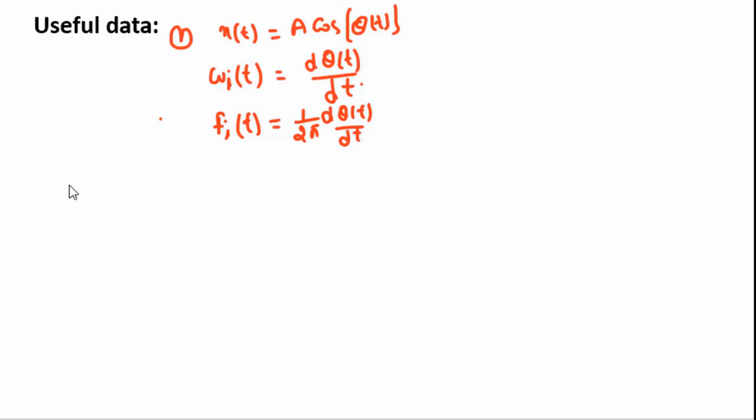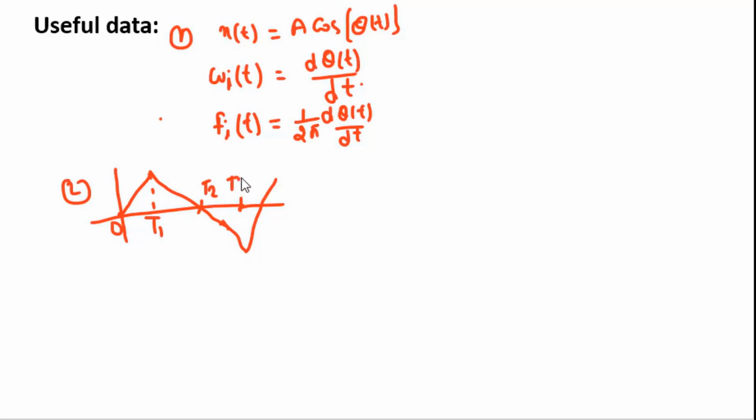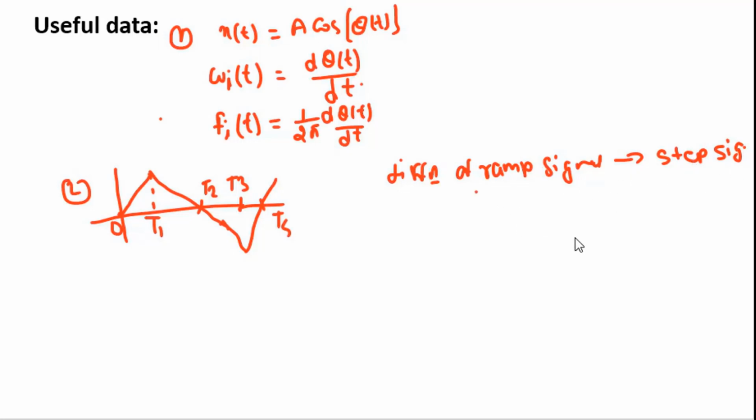And the second, you should know the differentiation of a ramp signal. Let's say you have this ramp signal, from 0, this one is t1, this one is t2, this one is t3, and this one is t4. The differentiation of a ramp signal will give you a step signal. If it is a unit ramp, then it will be a unit step signal.